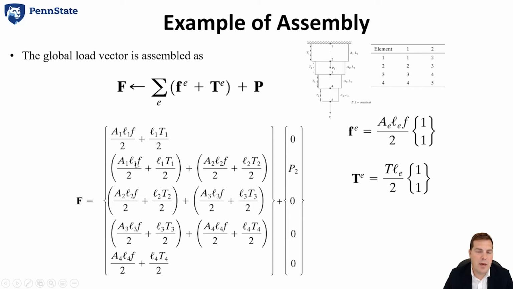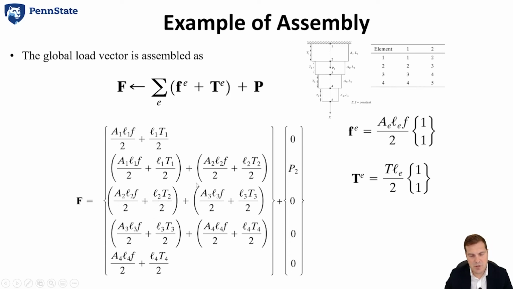Now if we look at element 2, it also incorporates global node 2, right? So locally that would be 1, but globally that corresponds to 2, whereas local node 2 corresponds to global node 3, right? And so what we're going to do is put that value in here. This is for element 2. So we have the values here for element 2 and also here.